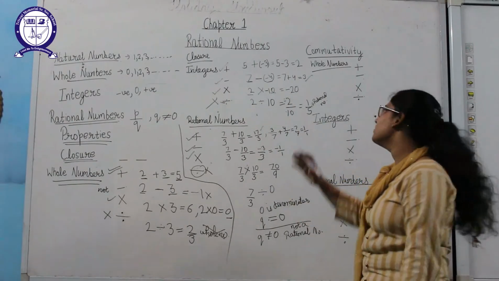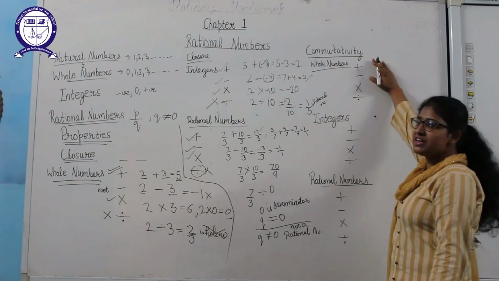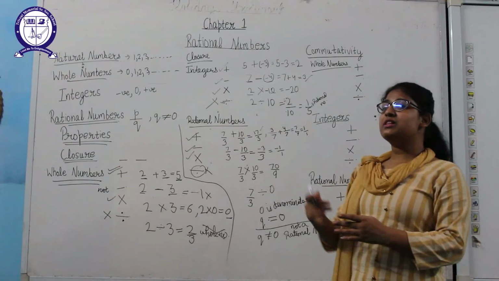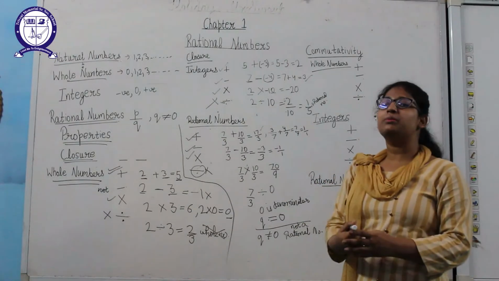Okay. Now we will talk about commutativity. What is commutativity? In commutativity, we can shuffle the places of two numbers.